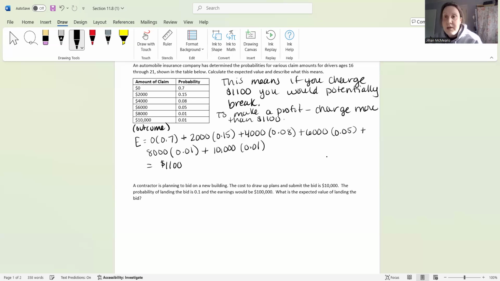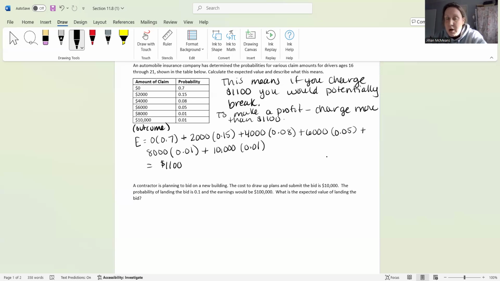Okay. So again, let's say they have 500,000 people that bought this policy. They would expect to pay out $1,100 for each of those people that bought this policy. That doesn't mean each person gets that payout. That would just be the average payout based on how many people have the policy. Okay. So if they want to make a profit, they're going to charge more than $1,100 per person. If they want to break even, they're going to charge $1,100.